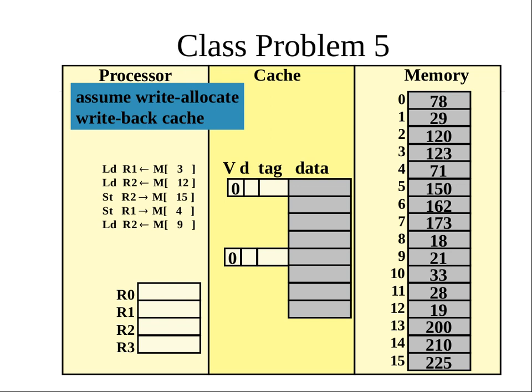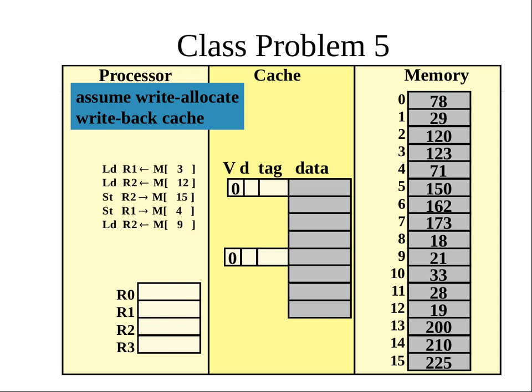And we're going to load into register 2 what's in 9, and that is a miss. So I'm going to erase all this, and then it's not a dirty bit.